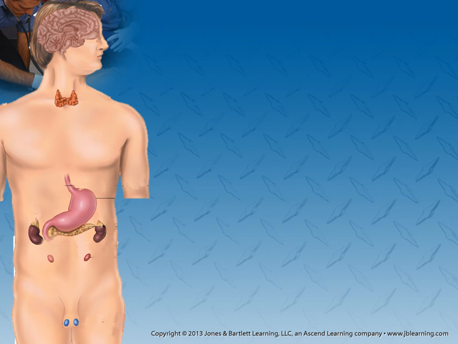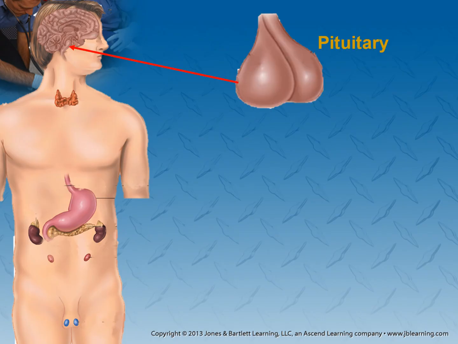Here's a satellite overview of all of the endocrine glands, at least the most important ones. First, we have the pituitary, known as the master gland. We're going to have to concentrate and learn the anterior and posterior pituitary. We have some upcoming slides for that.